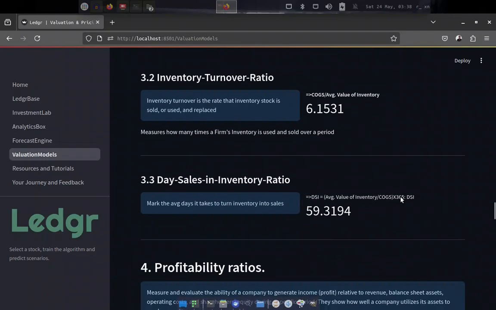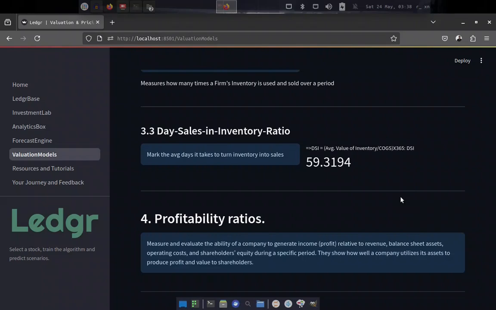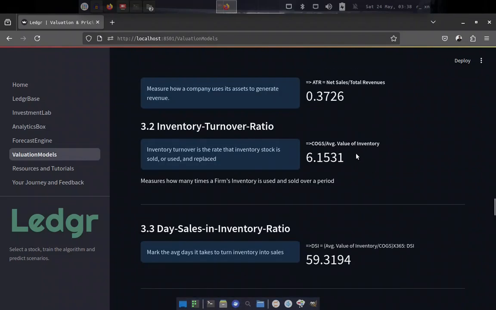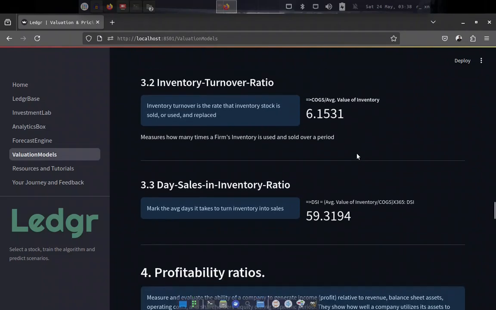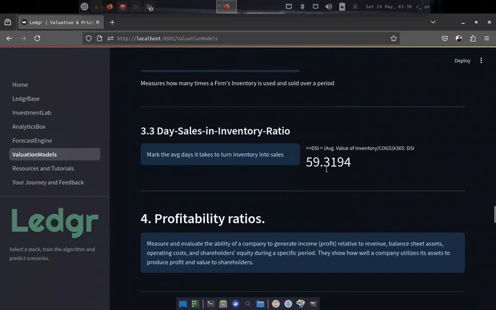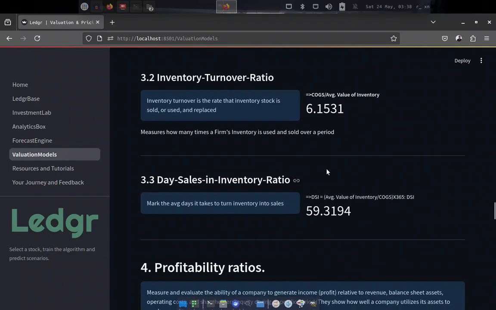Now, if you put it on a yearly scale, it comes down to 59 days. On average, it takes 59.32 days to convert the inventory entirely into sales.